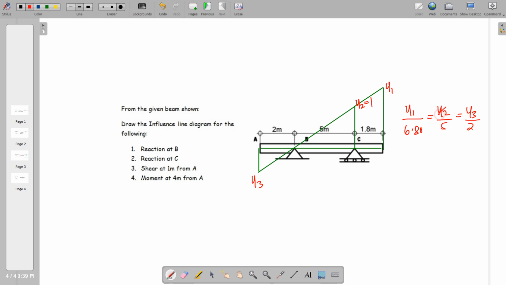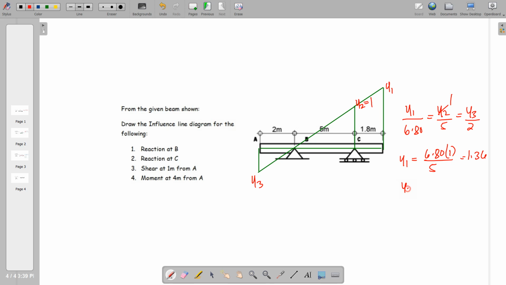So this is set to be equal to 1. So therefore y1 is 6.8 divided by 5. That would yield to 1.36.